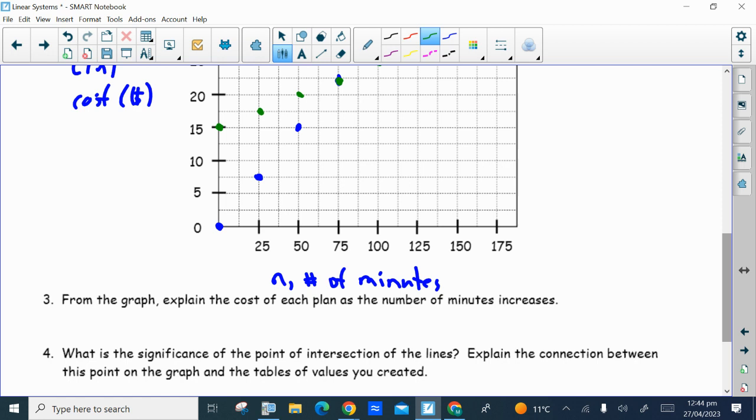They both increase at a constant rate. They just start at different points, and the rate is different. So if we're going to write an explanation, maybe that's what we write. They both rise at a constant rate.